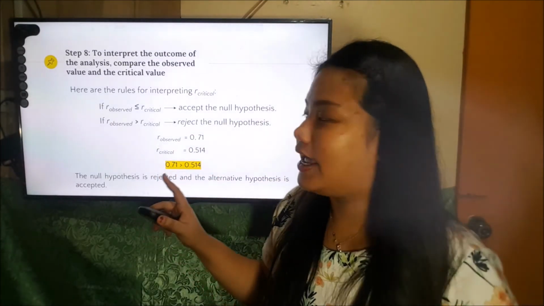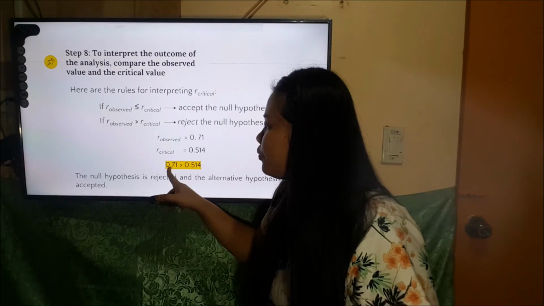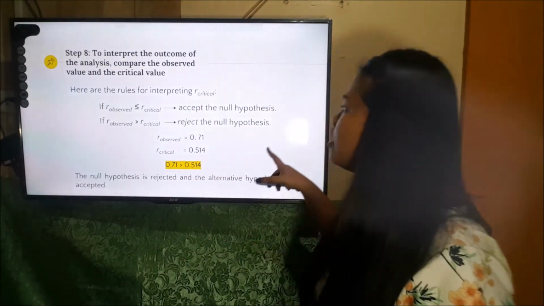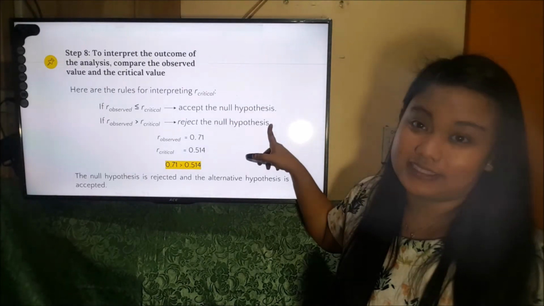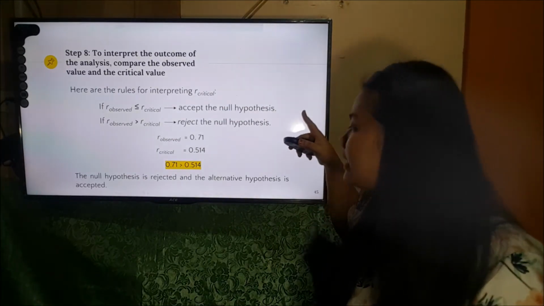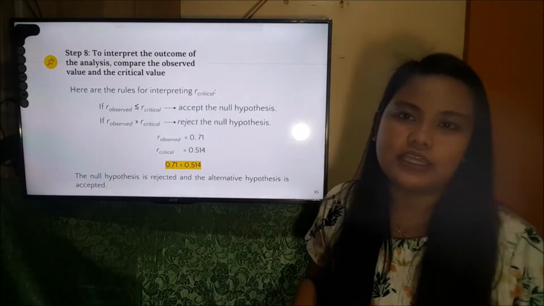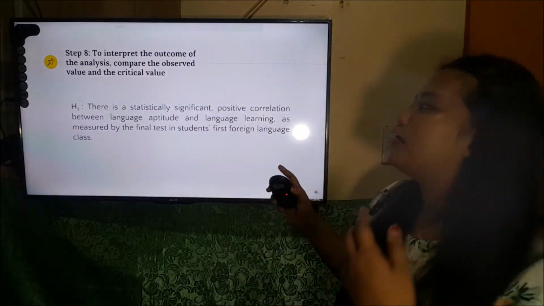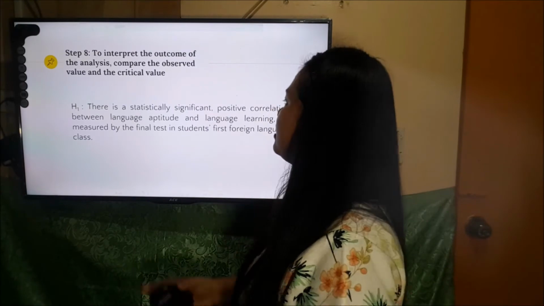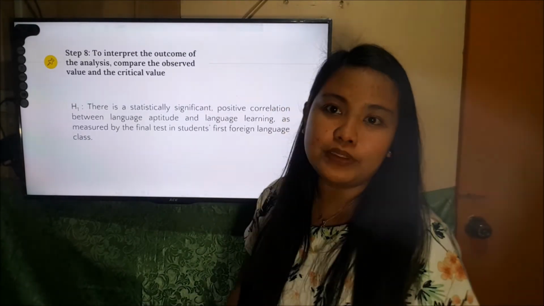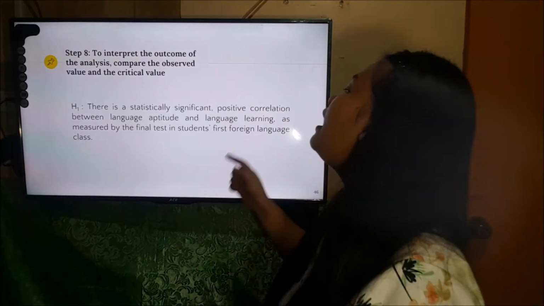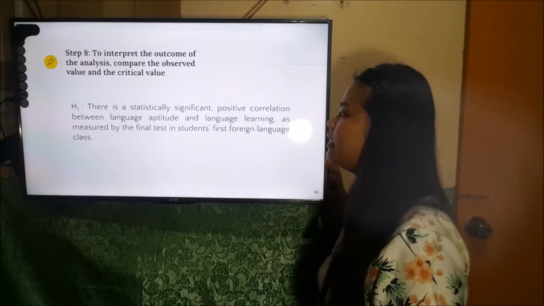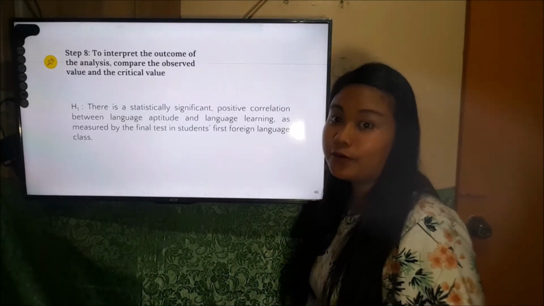Therefore, 0.71 is greater than 0.514. So we reject the null hypothesis and accept our alternative hypothesis, which is this. There is a statistically significant positive correlation between language aptitude and language learning as measured by the final test in students' first foreign language class.